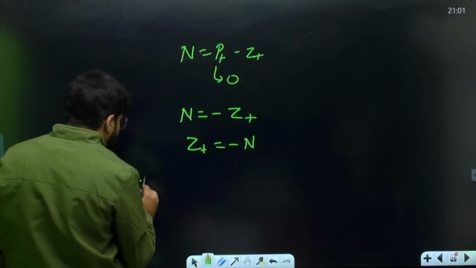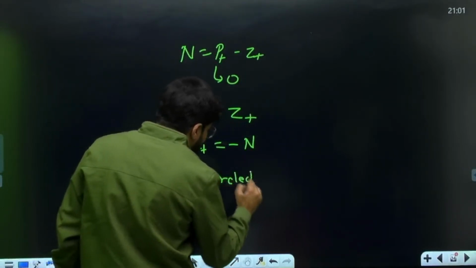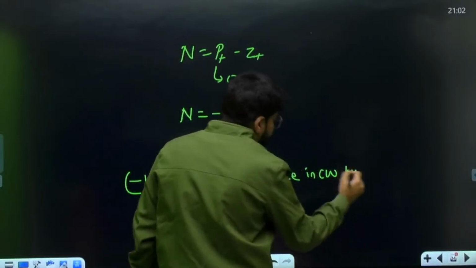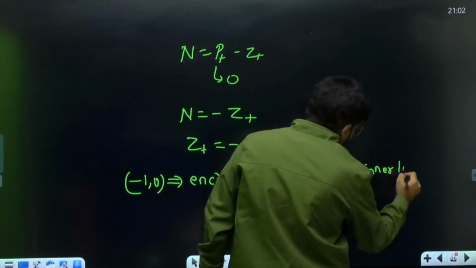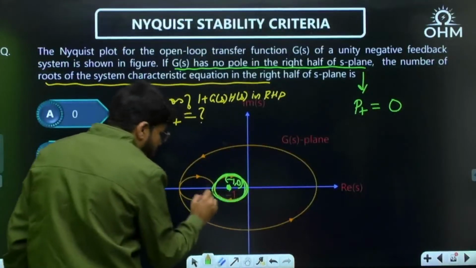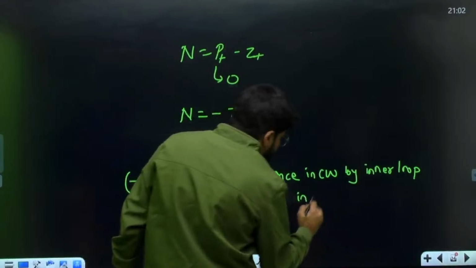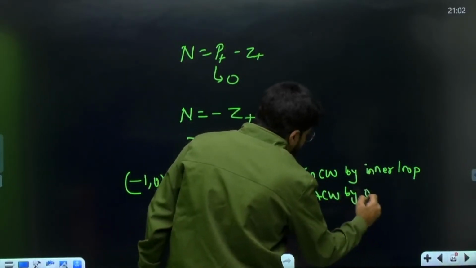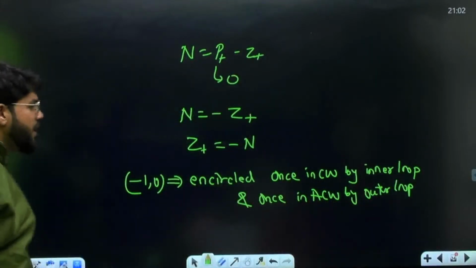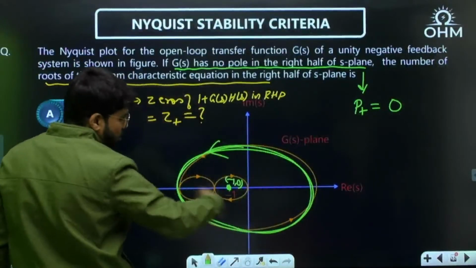So minus 1 comma 0 is encircled by the Nyquist plot once in the clockwise sense by the inner loop, and once in the anti-clockwise sense by the outer loop. Encirclements will be there, but the net encirclement is 0.